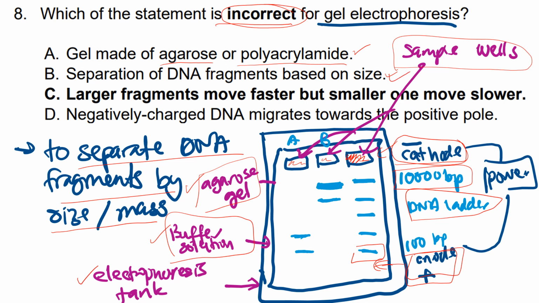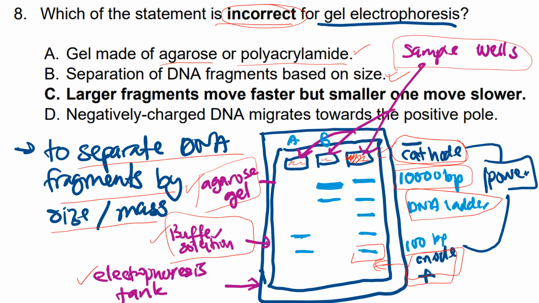For statement C, larger fragments move faster, but smaller move slower. Larger fragments move faster? So obviously, it is not correct. When you load your DNA sample into the agarose gel, it will create resistance for the DNA molecule to move along the gel.